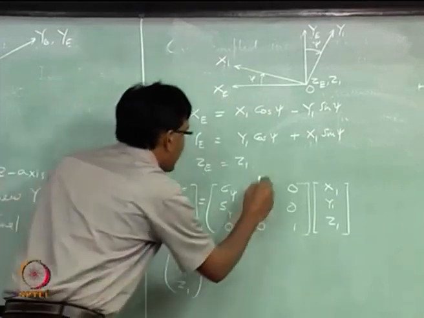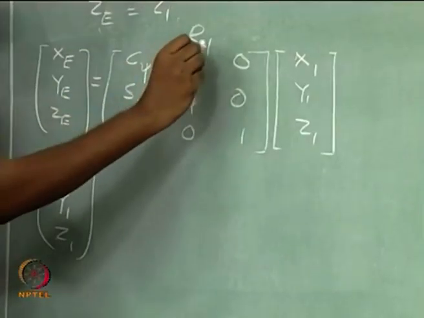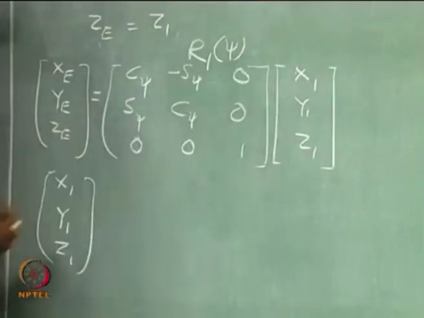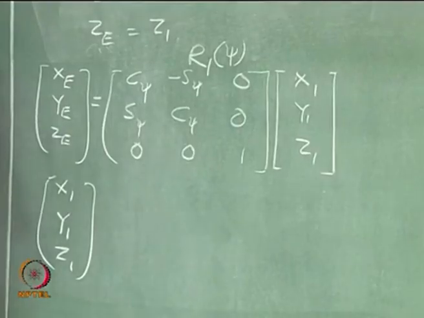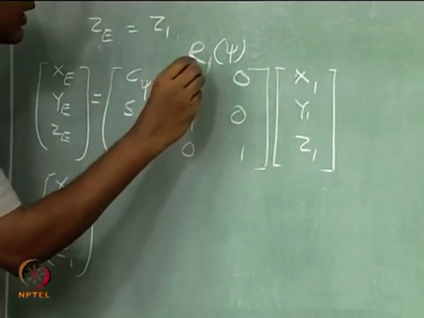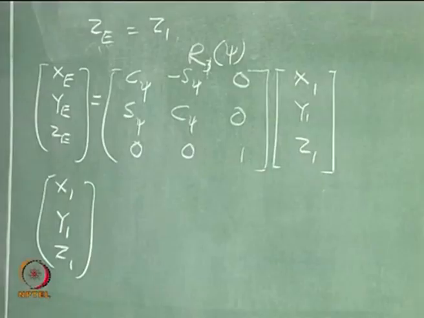So, this matrix you can also call R3. So, rotation about the third, I will call this R3, let us say, right.